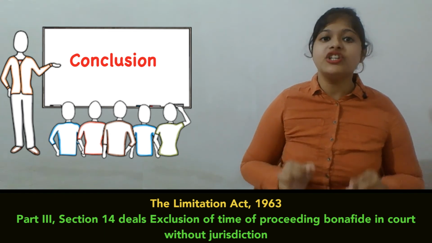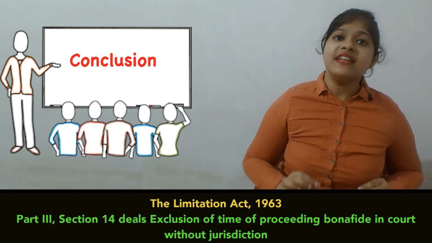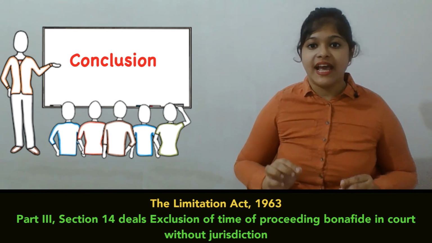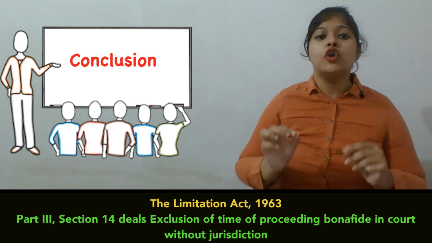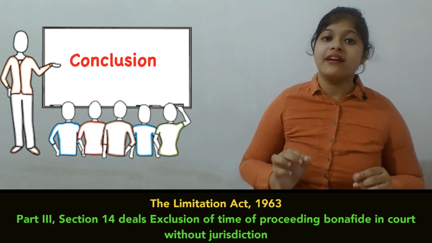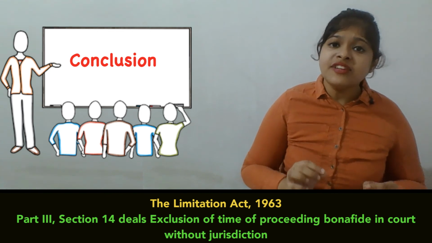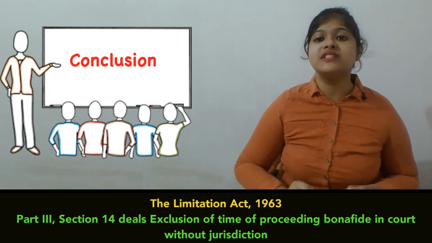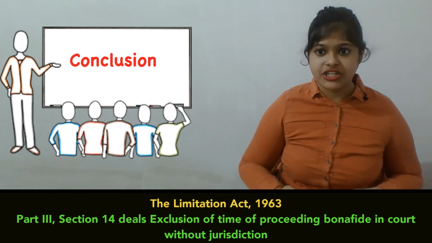The definition of good faith is given in Section 2 subsection 4 of the Limitation Act, which requires the thing to be done with due care and attention. Section 14 will not help a party who is guilty of negligence, lapse or inaction.